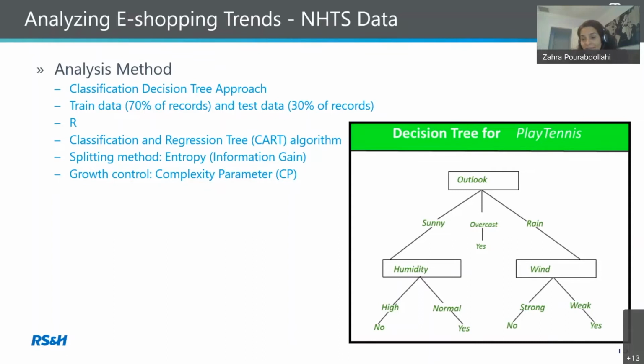So different algorithms can be used to build a decision tree. The most common is the classification and regression tree algorithm, or CART, and the splitting method of entropy or information gain. If I want to simplify how this algorithm works, the method works by recursively splitting the data at every node to build further subsets of data until a termination criterion is met.